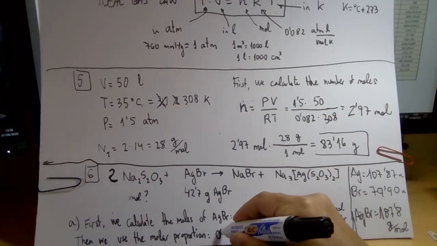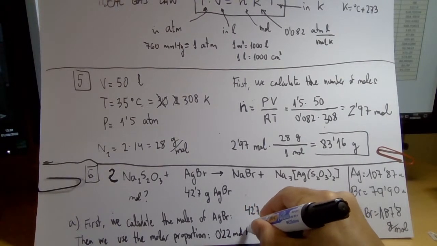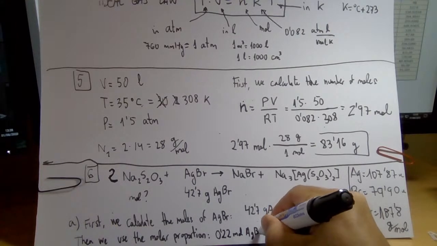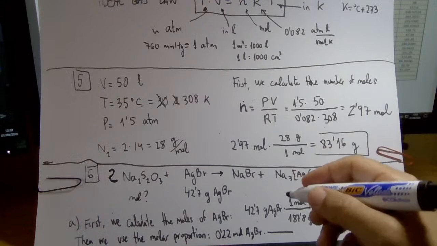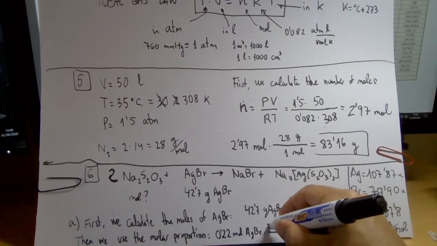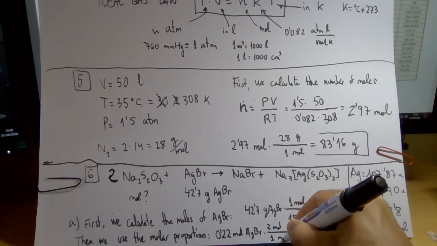We can use the proportion: 0.22 mole of silver bromide, and 2 moles with 1 mole.